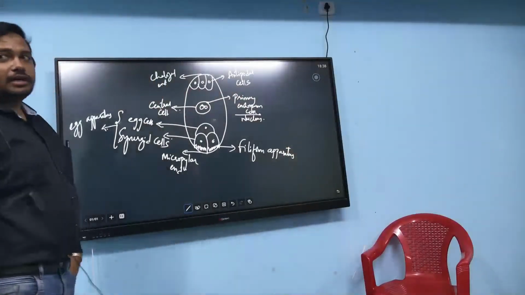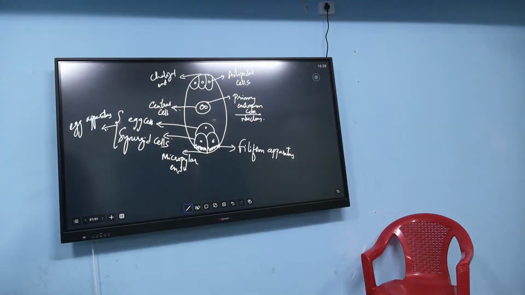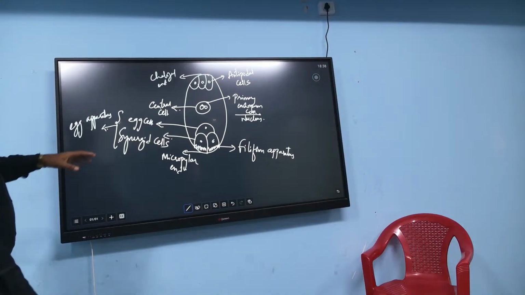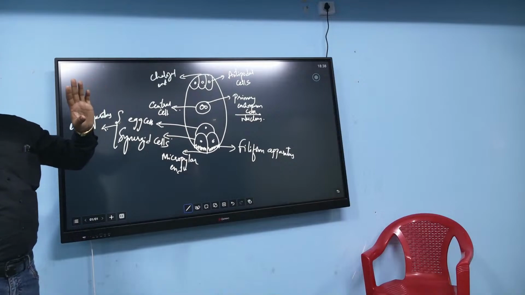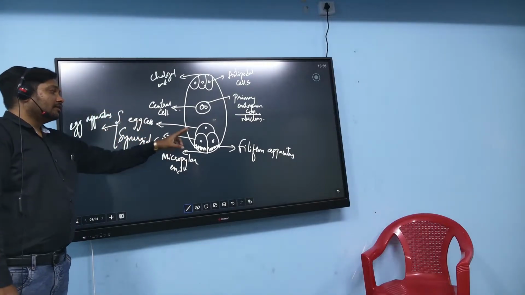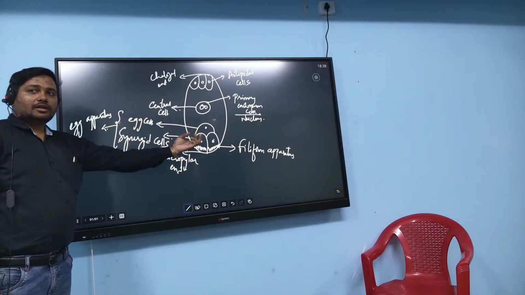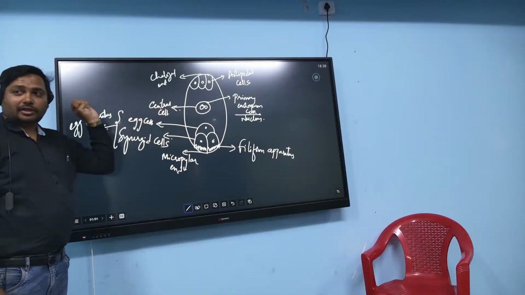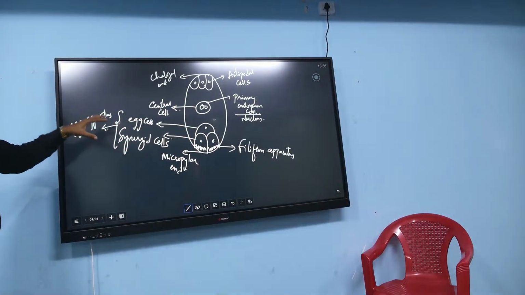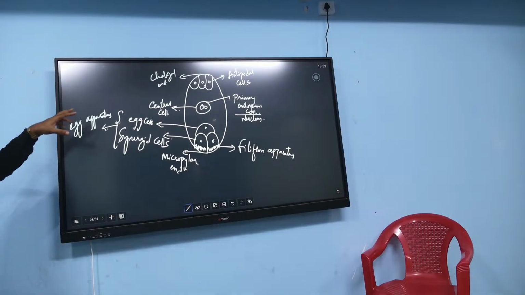Draw a labeled diagram of a matured embryo sac. The matured embryo sac will have two ends, the chalazal end and the micropylar end. In the micropylar end, three cells are present. Two cells are called synergid cells, and one cell overlapping on it is called the egg cell. Egg cell and synergid cells together form the egg apparatus.